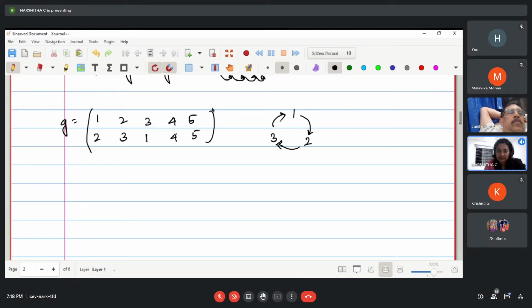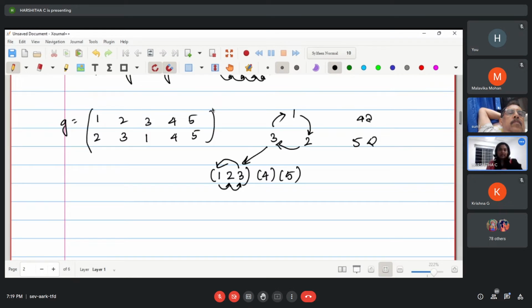So it's a smaller cycle, and the other two elements are going to themselves. 4 is going to itself, 5 is going to itself. So how do we write this? We say 1, 2, 3, right? This is to accommodate this cycle. This means 1 goes to 2, 2 goes to 3, 3 goes to 1. 4 is going to itself, so it's a single cycle. And 5 is also going to itself.